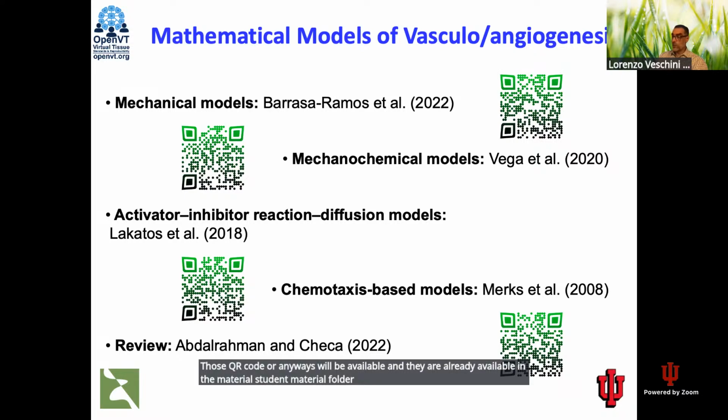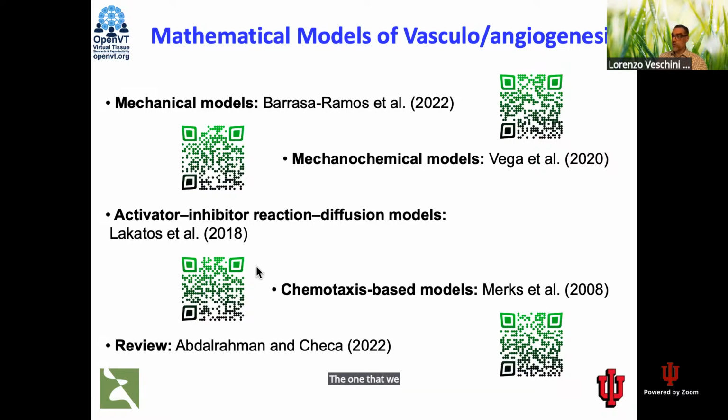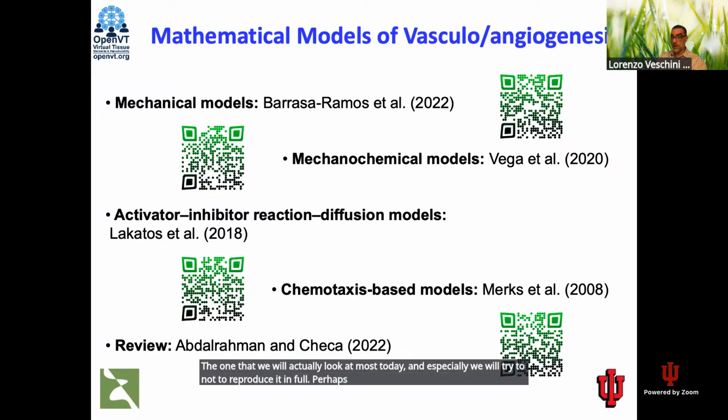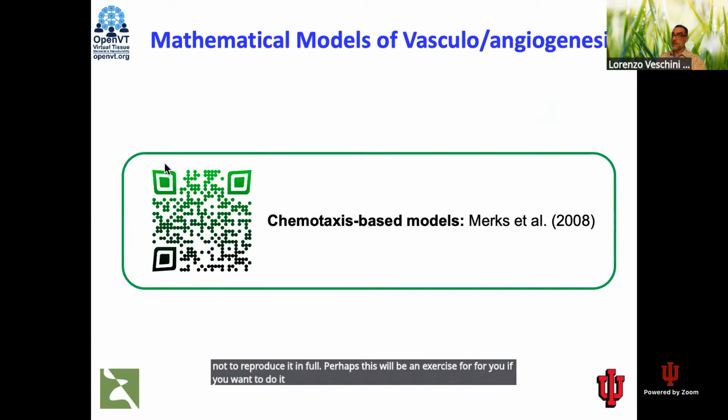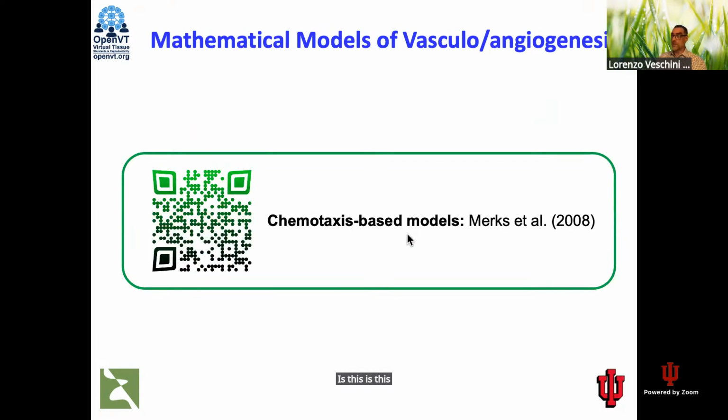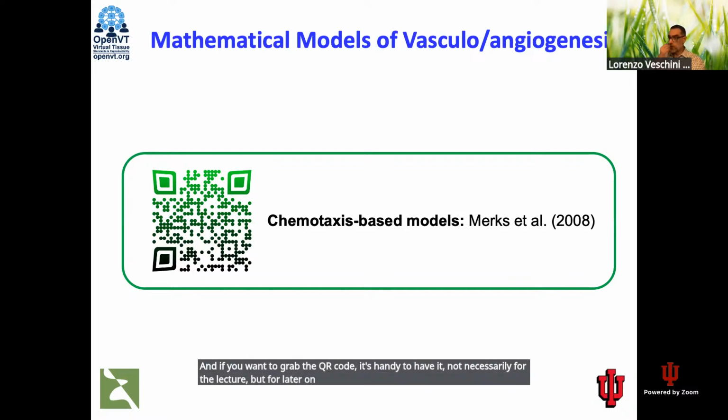The one that we will actually look at most today, and especially we will try not to reproduce it in full, perhaps this will be an exercise for you if you want to do it, is this one, chemotaxis-based models, Merks et al. 2008. If you want to grab the QR code, it's handy to have it, not necessarily for the lecture, but for later on. And anyway, you will have everything available for your review.